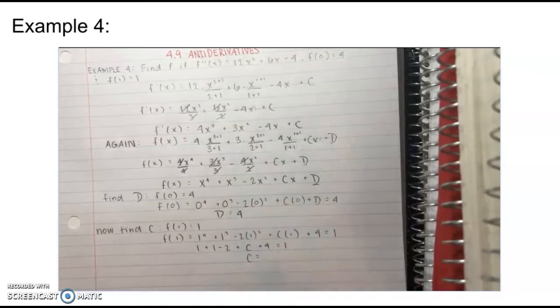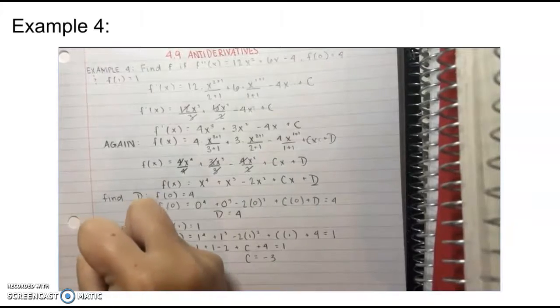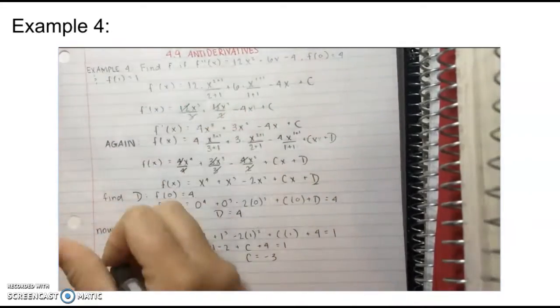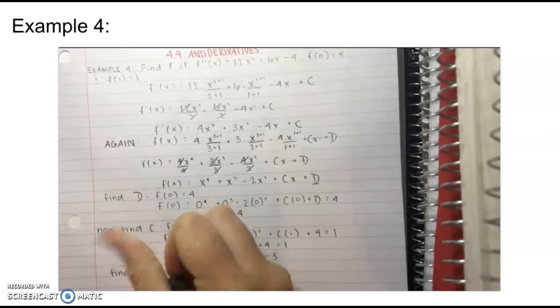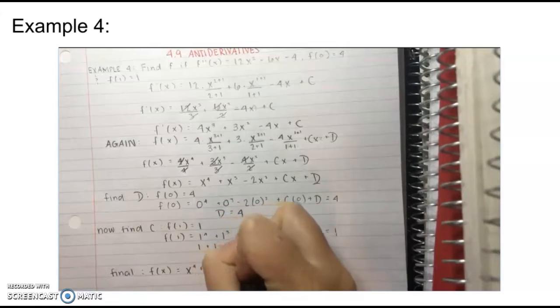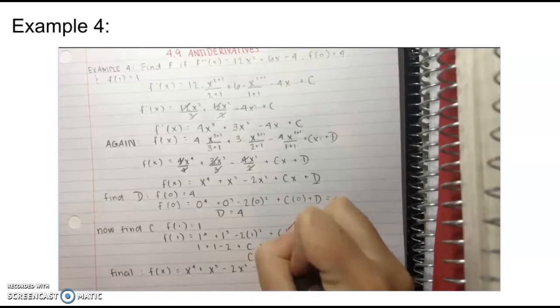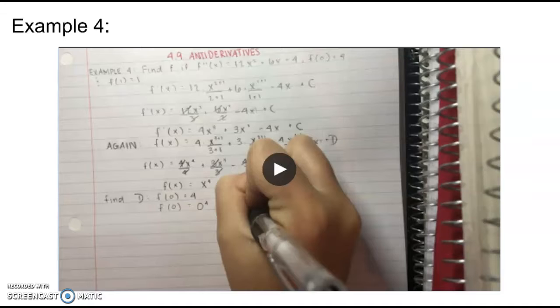We get c equals -3. And then that means our final equation, sorry, that was a d. Our final equation is going to be f of x equals x to the fourth plus x to the third minus 2x squared minus 3x plus 4. So that gives us our final answer.